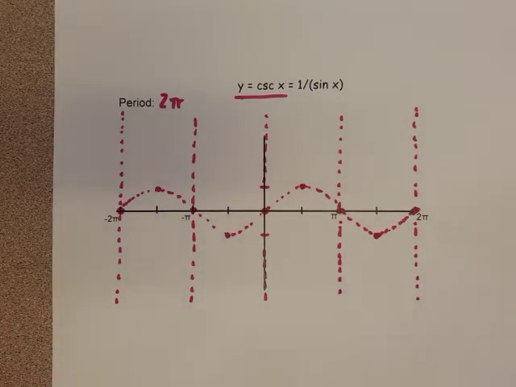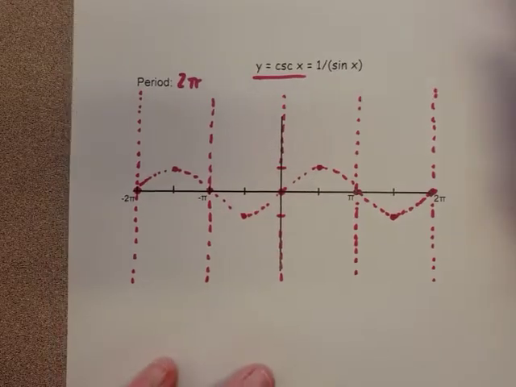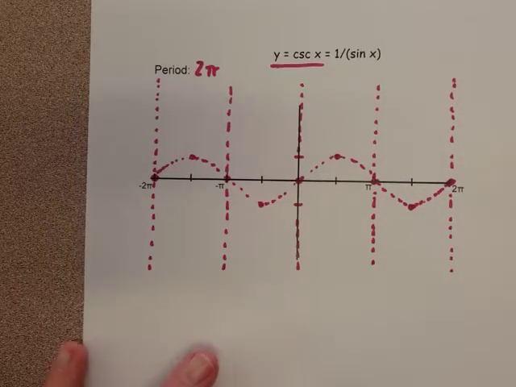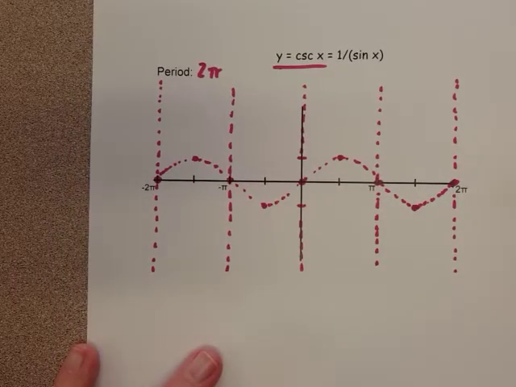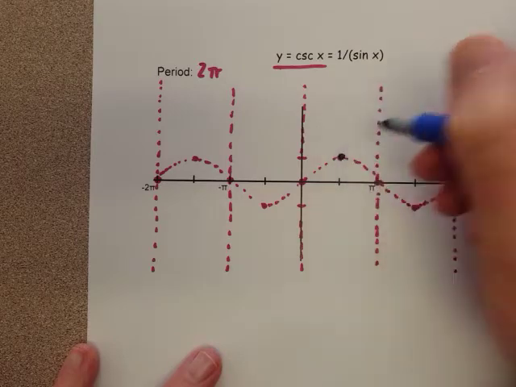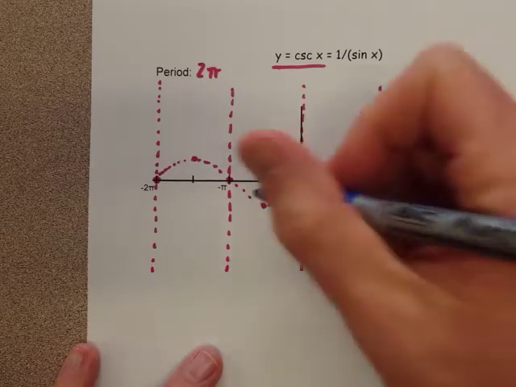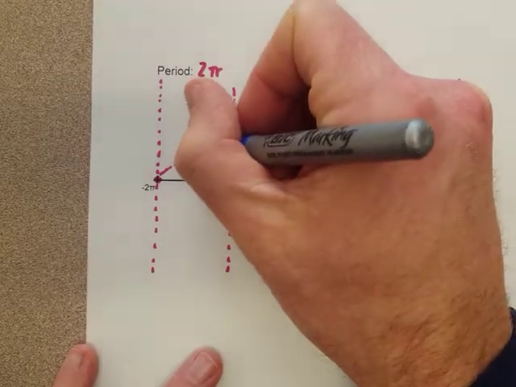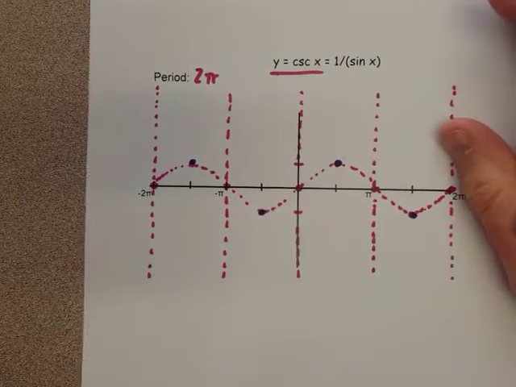So the cosecant part, I'll put that in blue so it's really easy to tell. But one thing that you can be sure of when you're doing these is that one point you'll always have is the point at the top and the bottom of these branches on the sine graph.